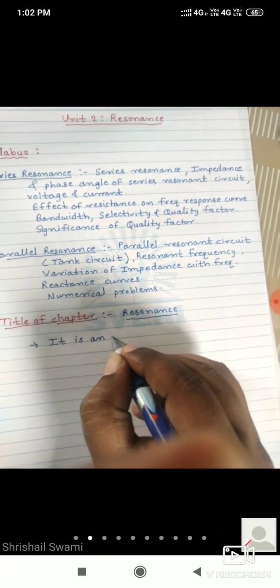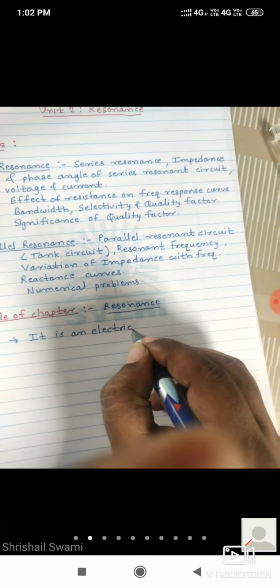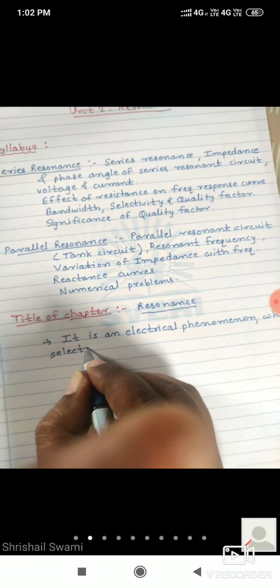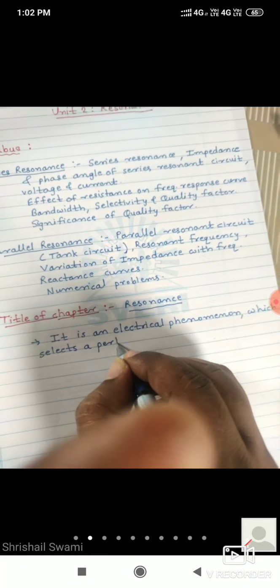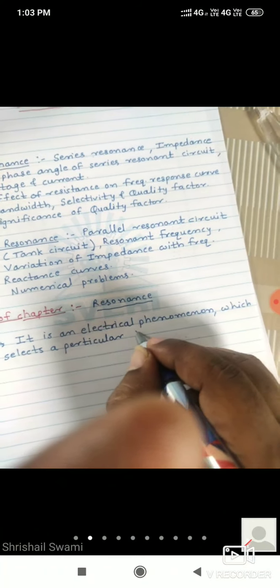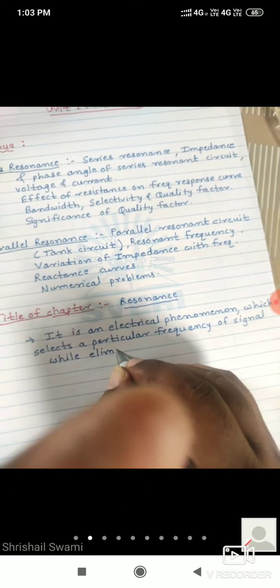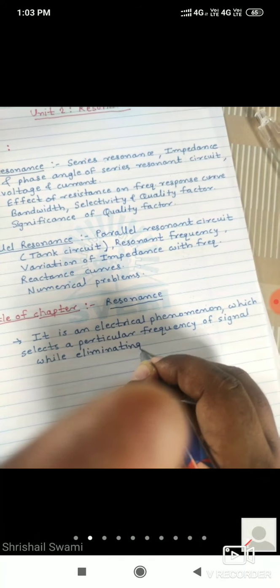It is an electrical phenomenon which selects a particular frequency of the signal while eliminating the remaining frequencies.